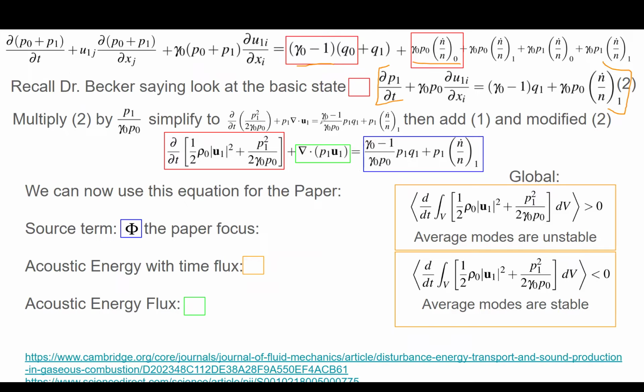Equation two is then combined with equation one, and basically you get this final equation, which is long, but you can look at this as the energy, and this as the flux. There's also this term over here, which is the source, which is the most important, because without that source, if this was zero, there wouldn't be any instability here.